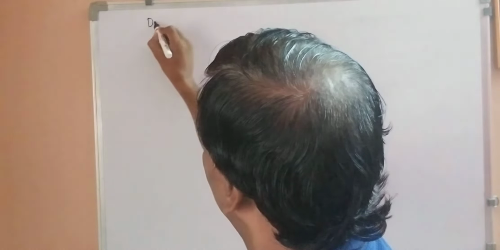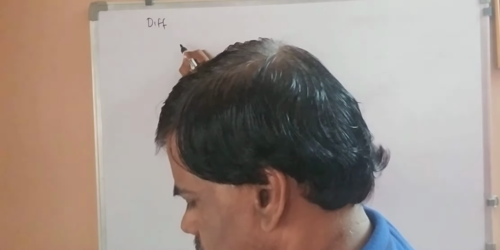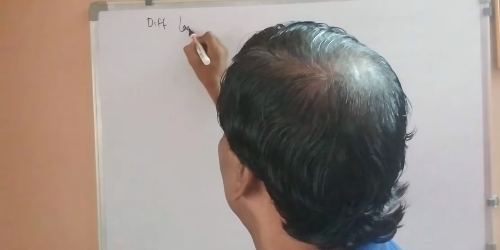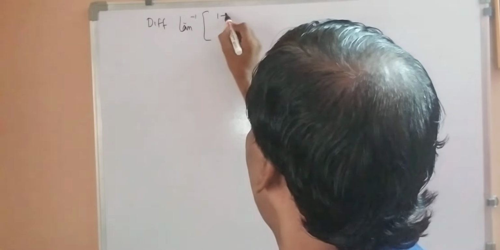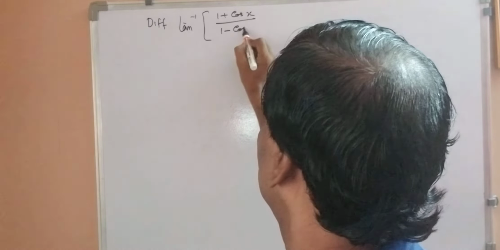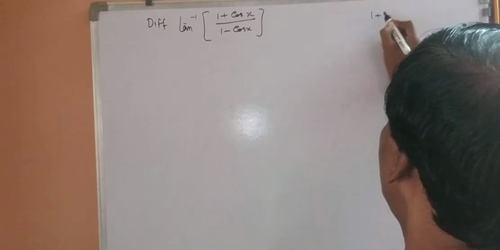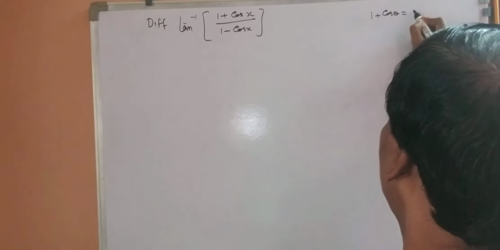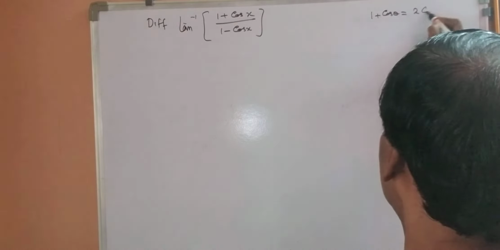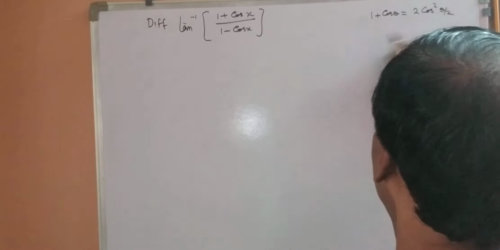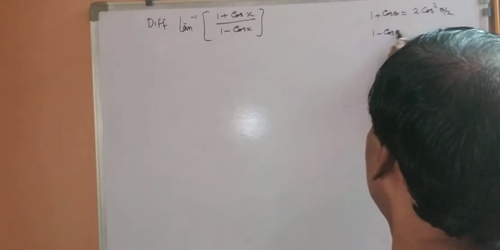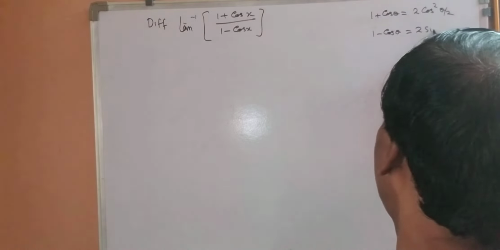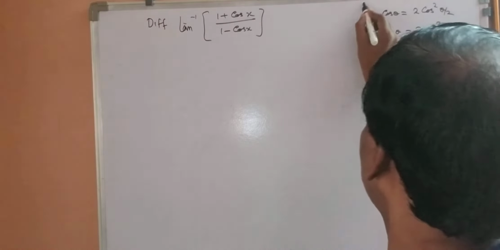Differentiate tan inverse of square root of (1 plus cos x upon 1 minus cos x). Now look at this. 1 plus cos theta equal to 2 cos square theta by 2. 1 minus cos theta equal to 2 sin square theta by 2.